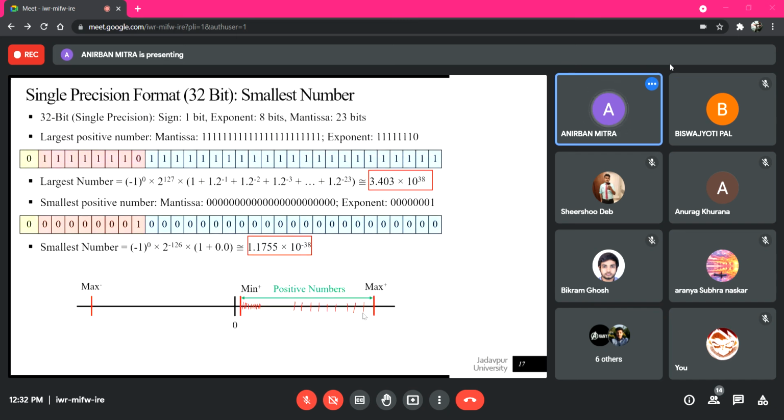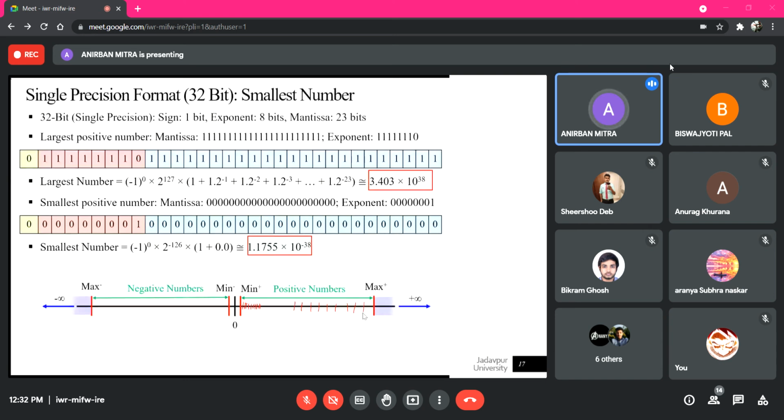You have the negative largest number, the negative smallest number, and the negative numbers, obviously discrete numbers in this range, would be represented. Positive infinity is to this side, negative infinity is to this side. Now, can you identify the overflow zone?